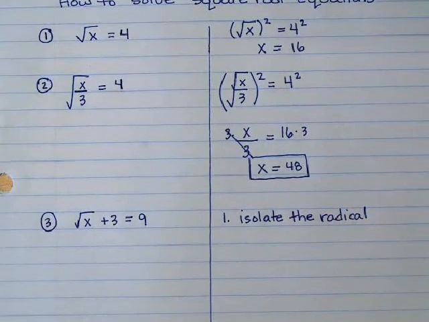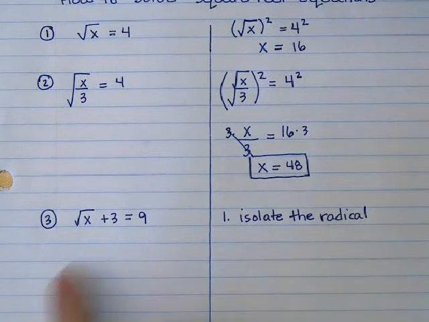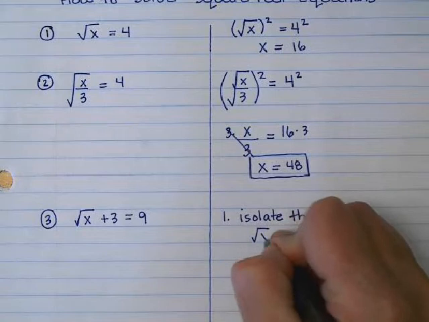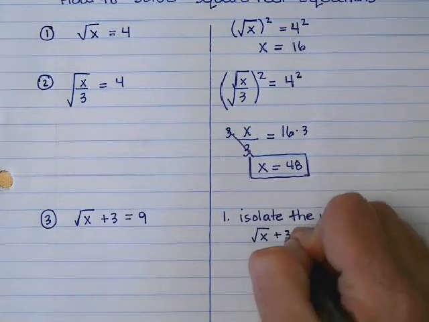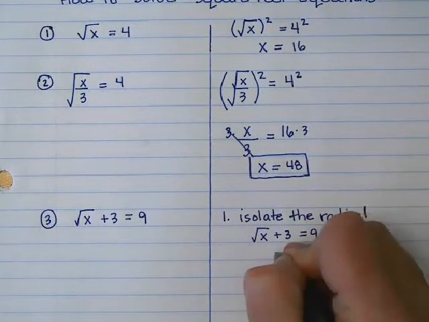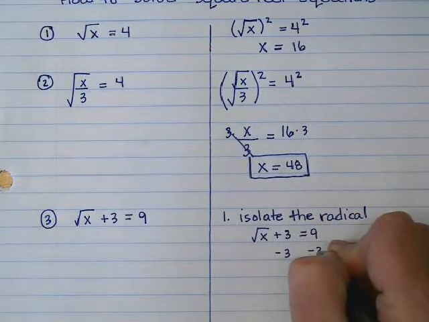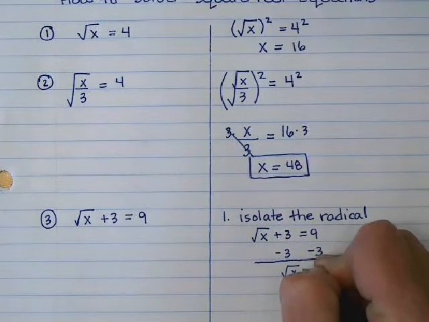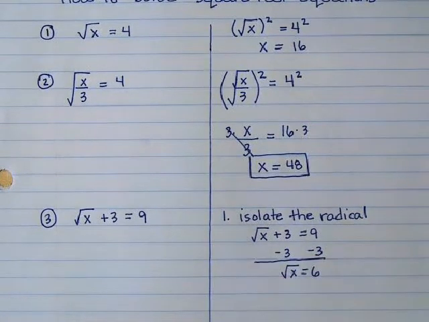So it could have been a fourth root, a cube root, any root. You want to get that guy all by itself. Okay, so just like we did with an equation that didn't have a radical on it, I would just subtract 3. Square root of x is 6.